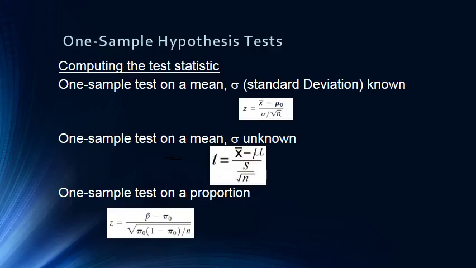When the standard deviation is known, in a population we have a z-score. But in our case, the standard deviation is not known because we're dealing with a sample. So for the sample standard deviation, we use s, and we use sigma for the standard deviation of a population.